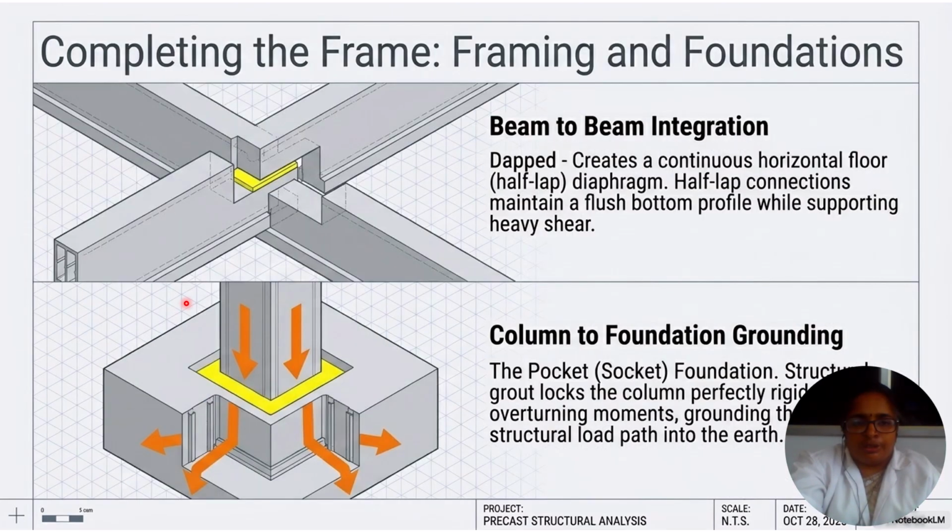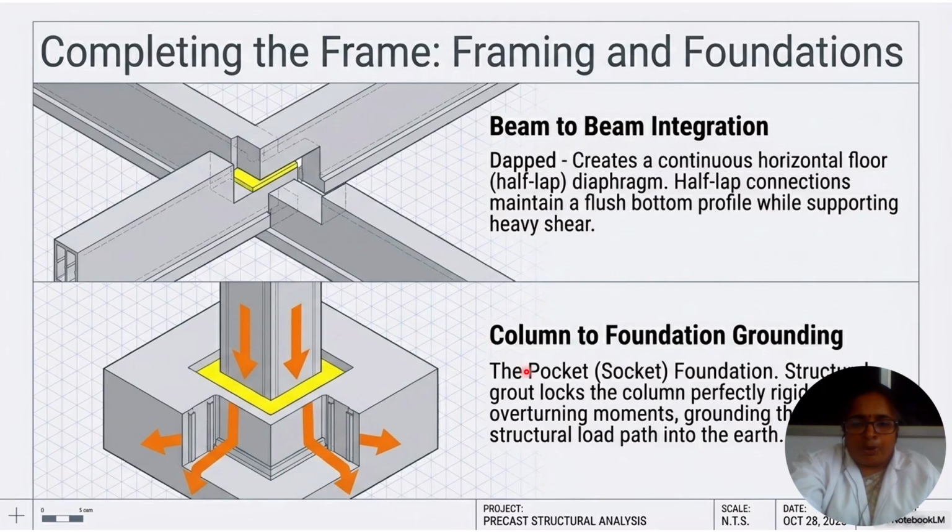The next one is beam to beam integration. The dapped end creates a continuous horizontal floor diaphragm. Half-lap connections maintain a flush bottom profile while supporting heavy shear. This diagram shows you the beam to beam integration component. The next one is column to foundation grouting.